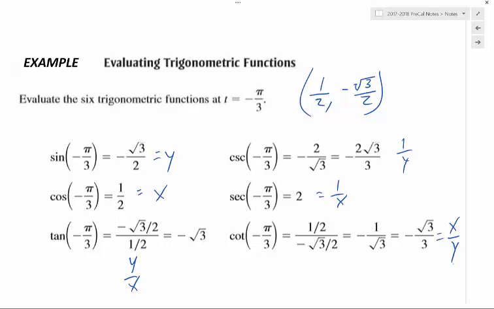The cosecant will be the reciprocal of the sine, so it's negative 2 over the square root of 3, rationalized to get negative 2 square root of 3 over 3. The secant will be the reciprocal of the cosine. Instead of 1 over 2, it is 2 over 1. And then the cotangent will be negative 1 over the square root of 3, which rationalizes to negative square root of 3 over 3.